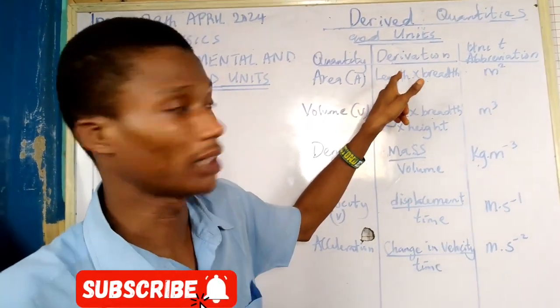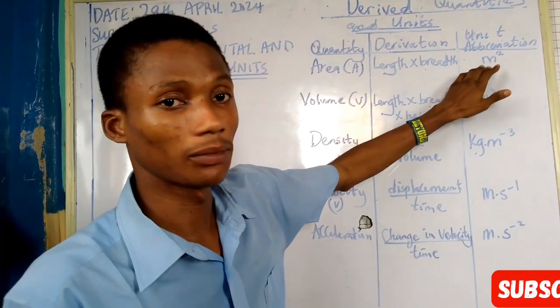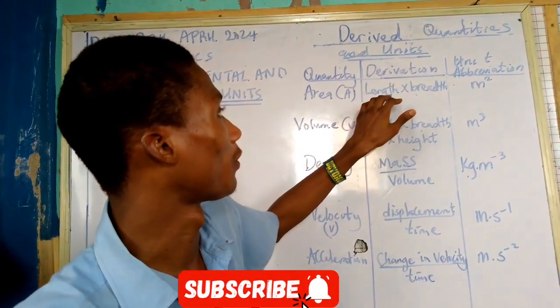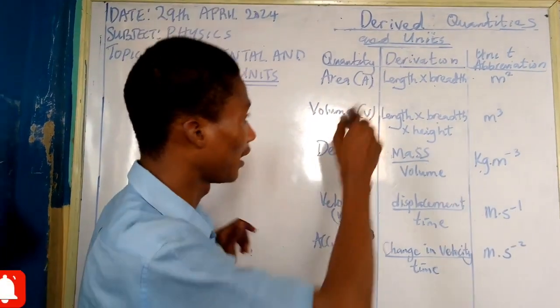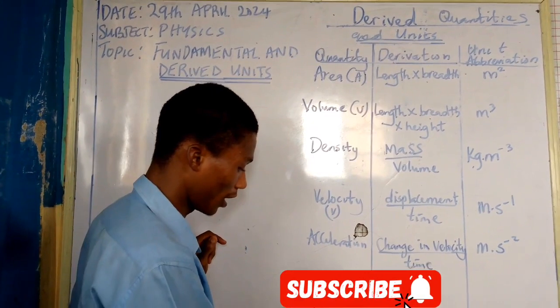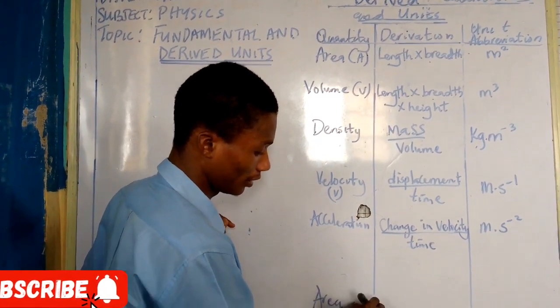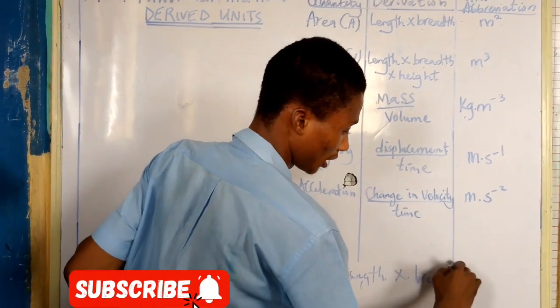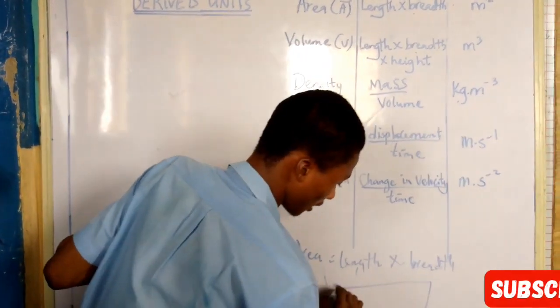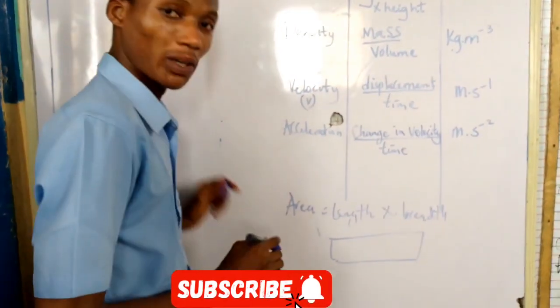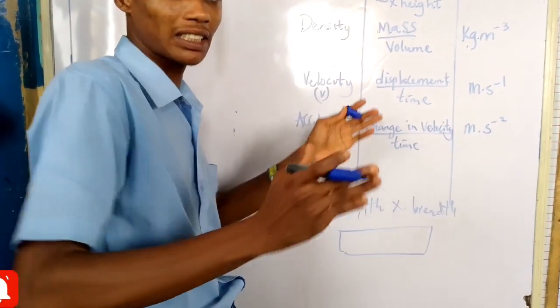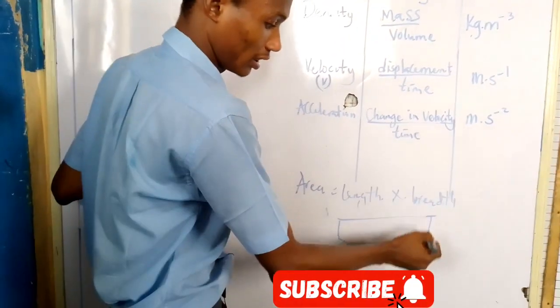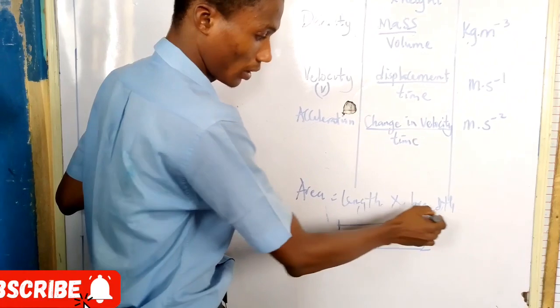How do we get the unit? From length times breadth. Don't forget you're having area, length times breadth, using a rectangle as an example. Don't forget length is distance expended. So this is a distance, this is a distance, this is also a distance.